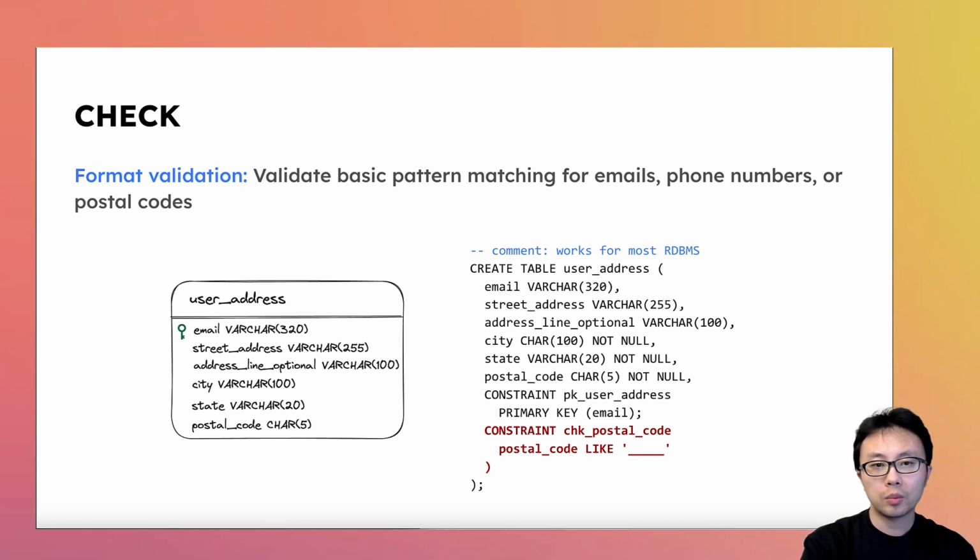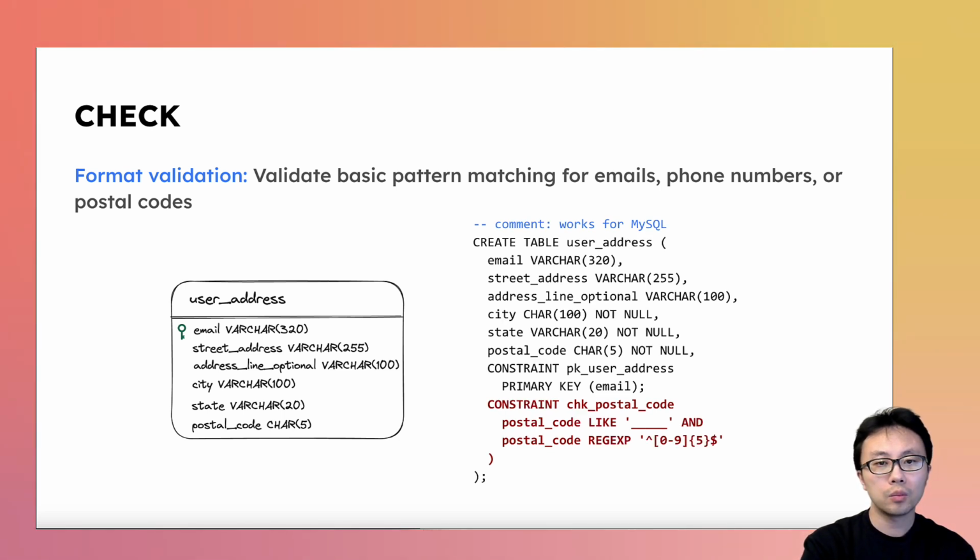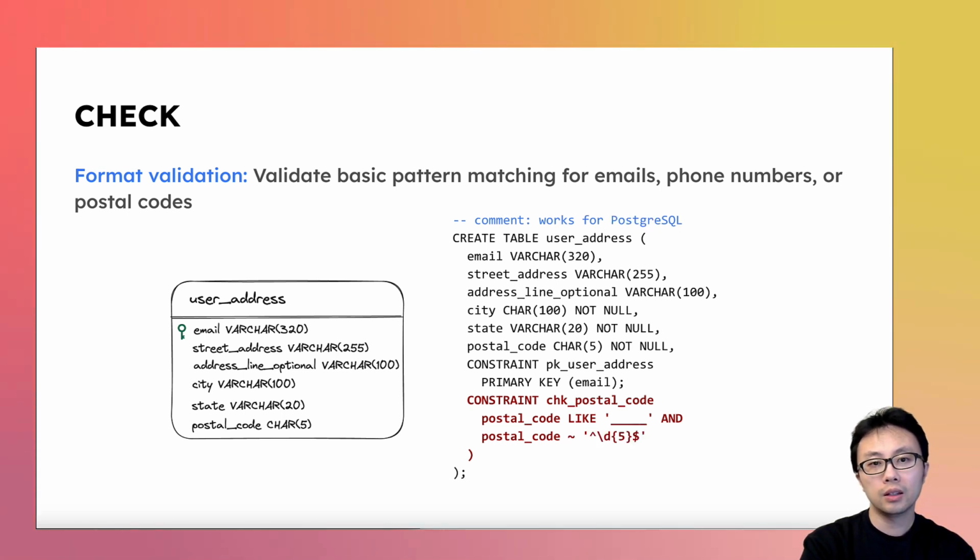Can we go one step further by limiting the characters to be digits only? Yes, we can, but the syntax for that part will vary from one database system to another. For example, in MySQL, it will look like this by taking advantage of regular expression. In Postgres, you need to take a different approach, like what you see here on the screen. I'm not asking you to master format validation here.